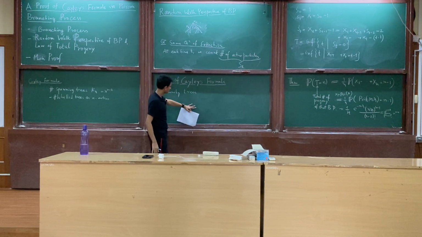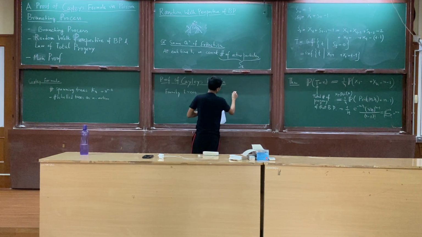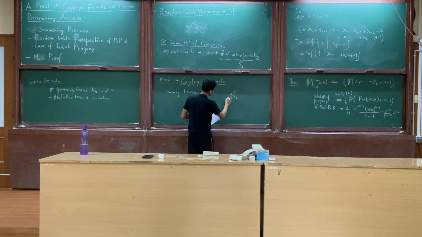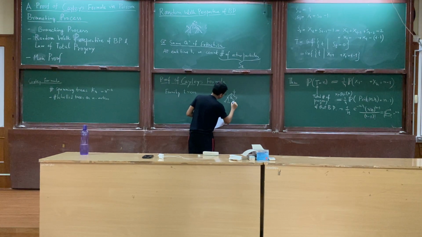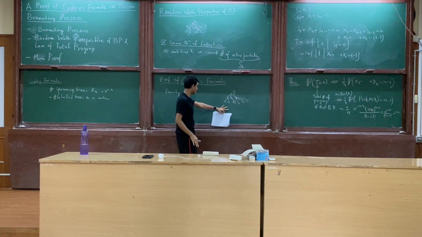This is nothing but a new labeling given on the trees. What we do is fix a root for a tree, the root phi, and then label its descendants, say the three descendants or neighbors, as 1, 2, 3, and their descendants as 1 1, 1 2. Say this has only one descendant, so 1 2 1. This has three descendants, 3 1, 3 2, 3 3, and so on.